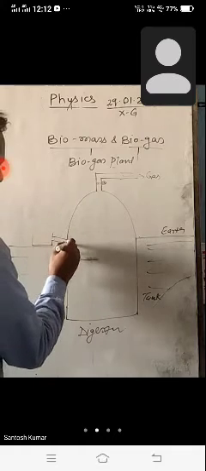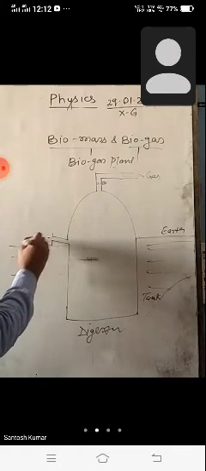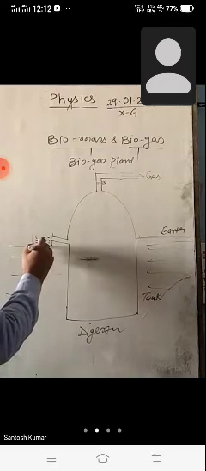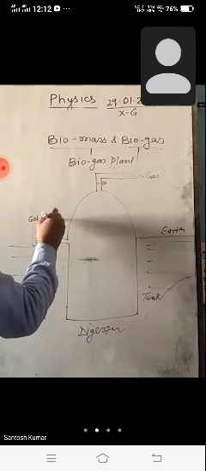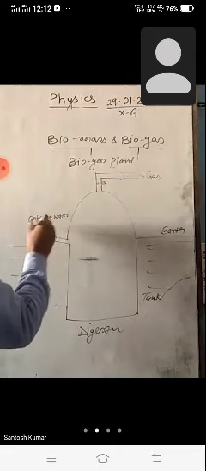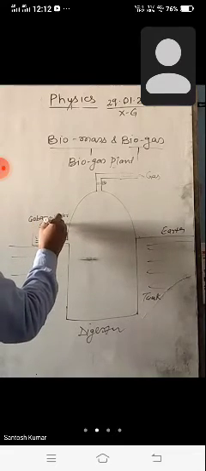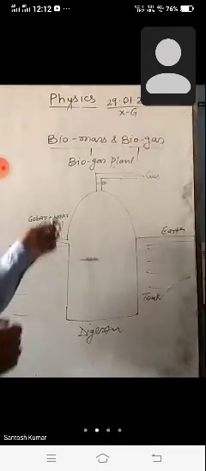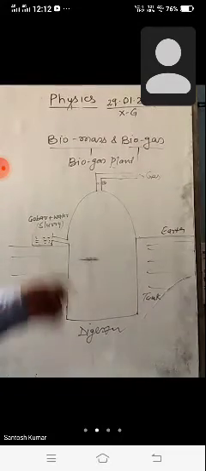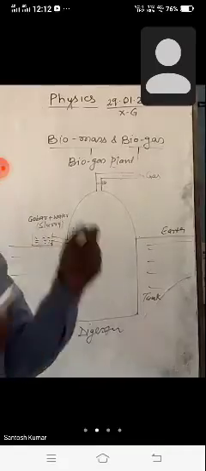This is the opening here. Here the gobar plus water is known as slurry. The gobar, that is the cow dung, is mixed with water.